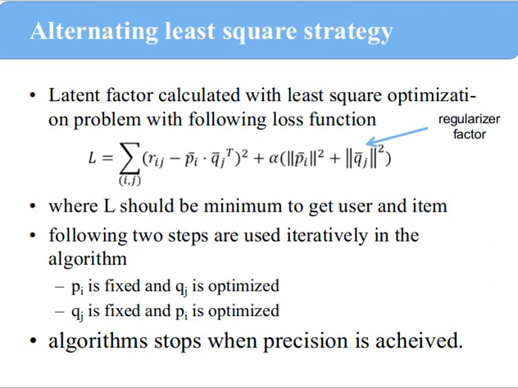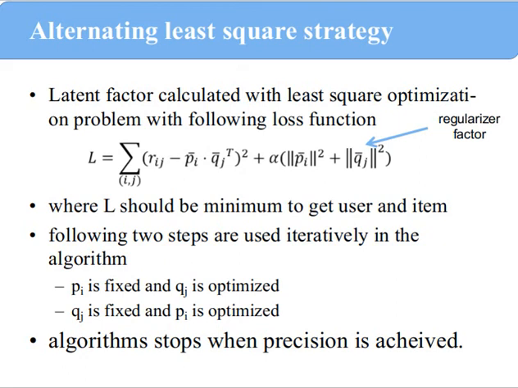Only one new term exists over there, that is alpha of pi square plus qj square. It is called the regularizer factor, and the main target here is to minimize this regularizer factor so that the loss also gets minimum.